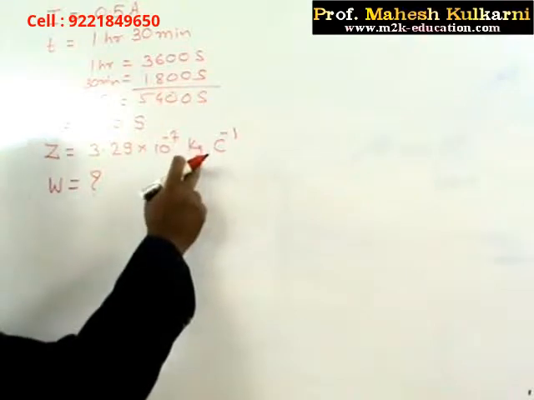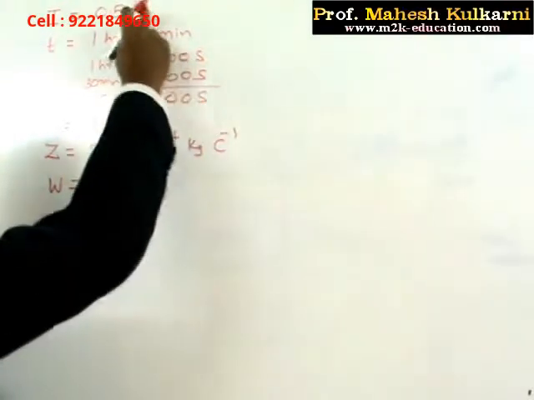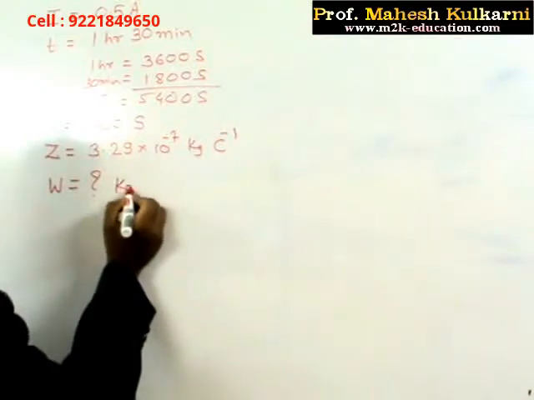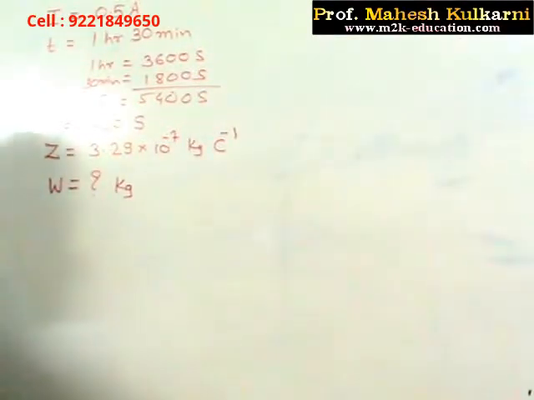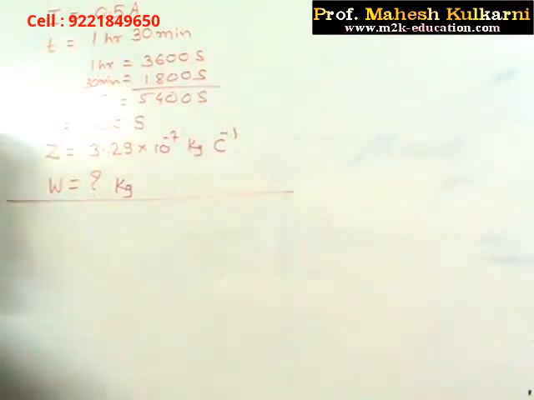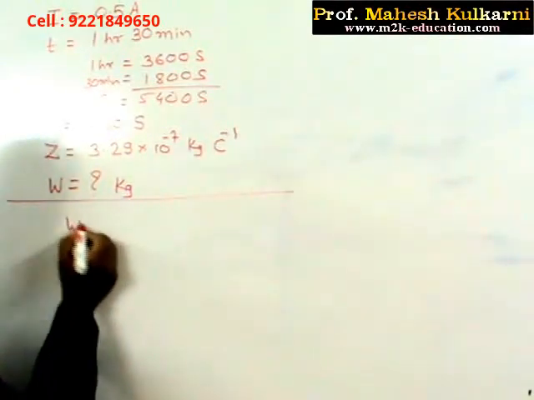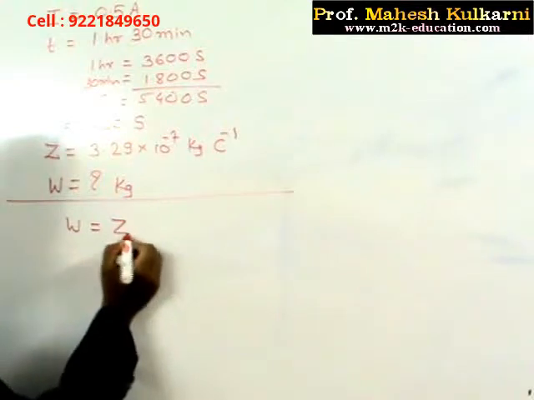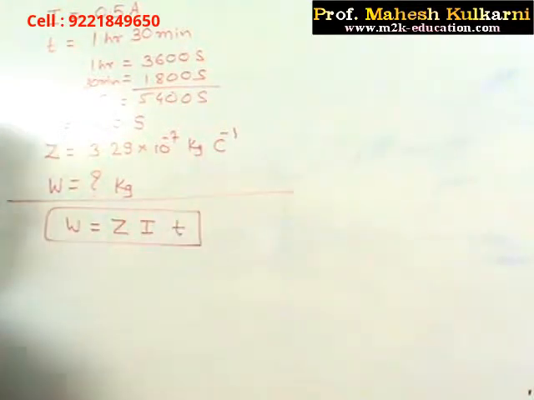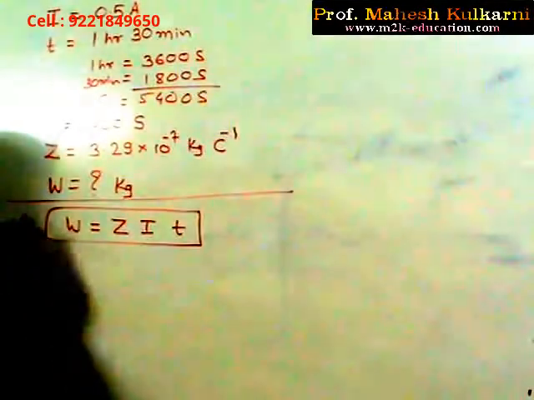Now obviously Z is given in terms of kg and current is given in terms of ampere. Therefore the weight of substance deposited must be in terms of kilogram. So after writing this, what is the proper method? We have to write down the formula, W is equal to ZIT. Make a box, that means highlighting the formula.